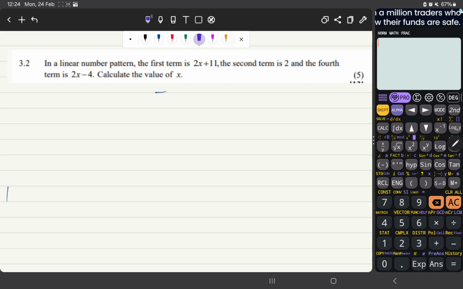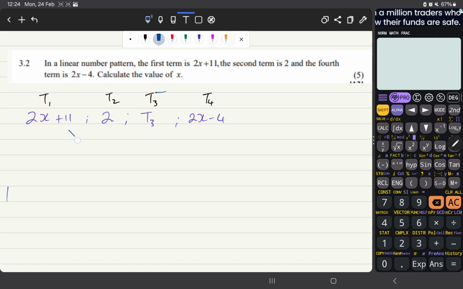In this question, they tell us that term 1 is 2x plus 11. They tell us that term 2 is 2. Term 3, they don't say anything, so I'm just going to put T3. Term 4 is 2x minus 4. I'll say T1, T2, T3, T4. Let's find the common difference.